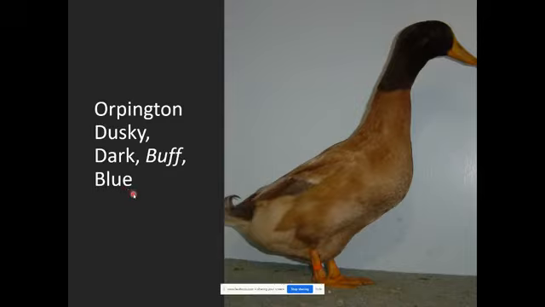The reason it's important that it's blue is that if you are breeding exhibition Orpingtons together, with this brown head on the male, sometimes you'll get a bluish shaded head, which can be called blonde, and that's when two copies of the blue gene come together. So the color itself does not breed true, and that's important when we come to choosing the progeny that we want to exhibit or not exhibit.